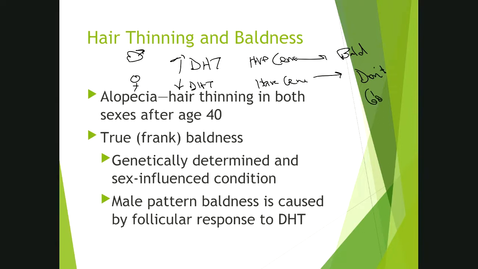But if you take a female who has the gene and you supply the hormone, so you inject it or give it to them some way, now they're going to go bald. So for a male, it's much easier to go bald than it is for a female, because males already have this hormone. All they need is the gene. Females, on the other hand, don't have the hormone, so it doesn't matter whether they have the gene or not.